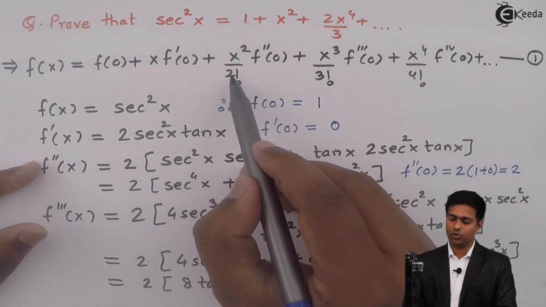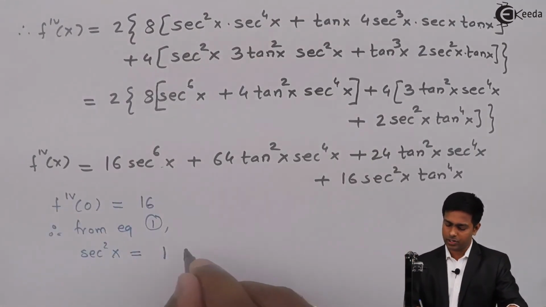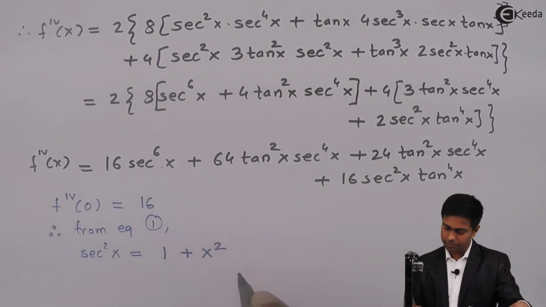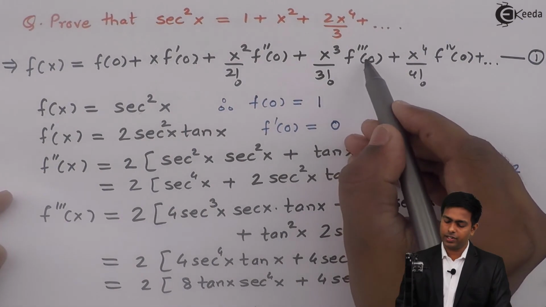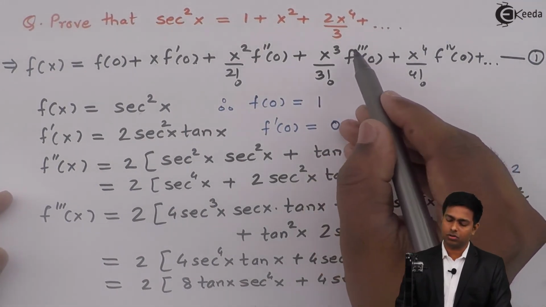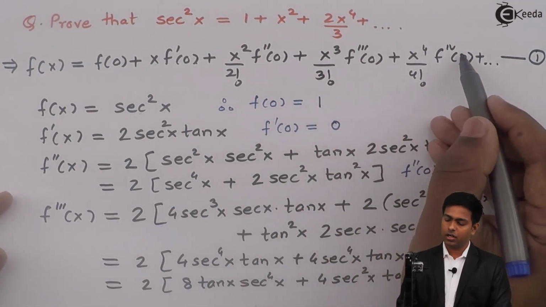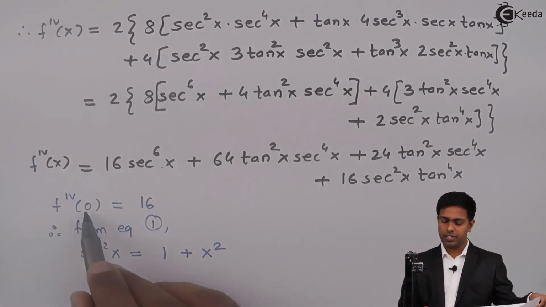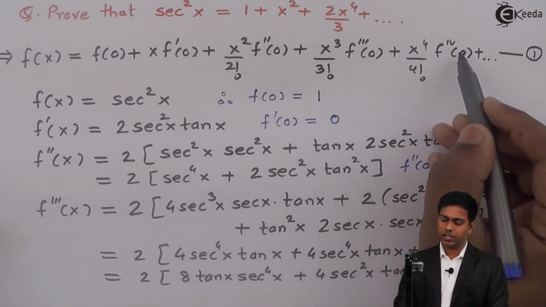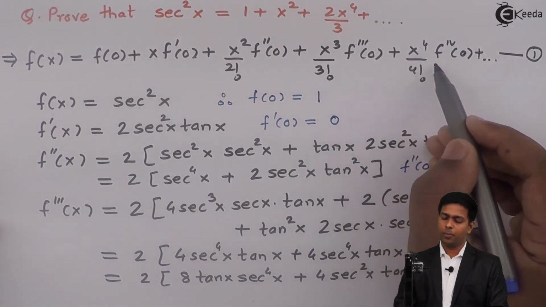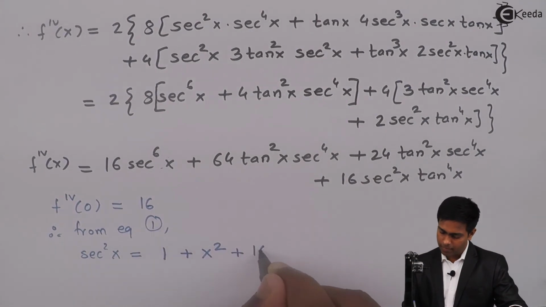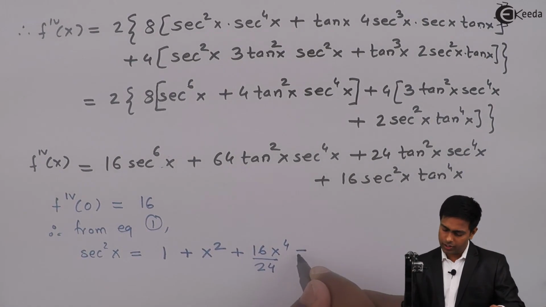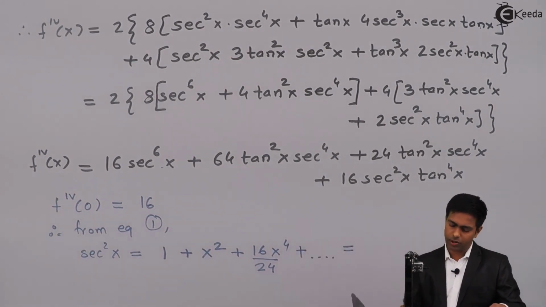Now 2 factorial is 2, so the 2 and 2 will cancel, and we get only x square, so plus x square. Next, f triple dash of 0 is 0, so 0 into anything is 0, so this term is 0. And f 4 dash of 0, that we got as 16, so here we'll get 16 x raised to 4 upon 24, because 4 factorial is 24. So plus 16 x raised to 4 upon 24, plus dot dot dot because this is an infinite series.